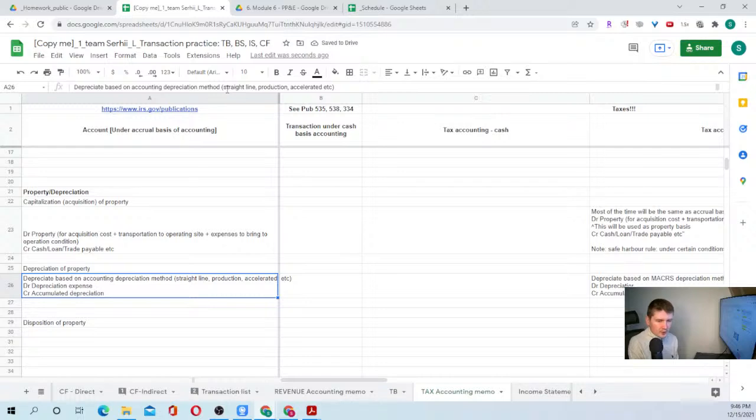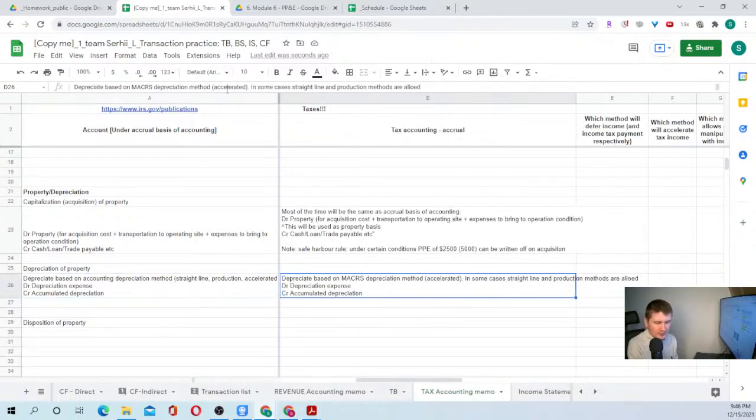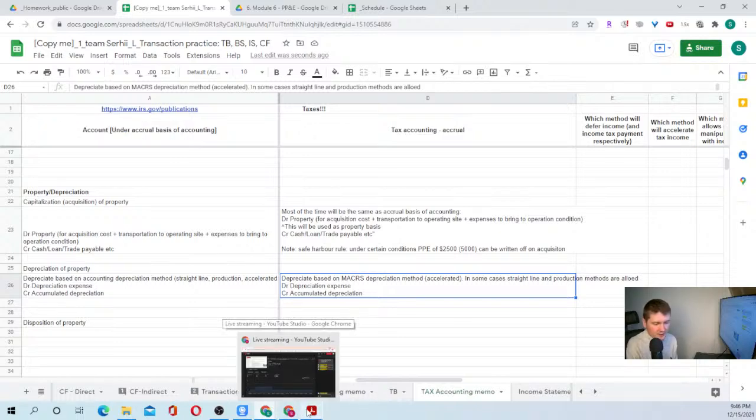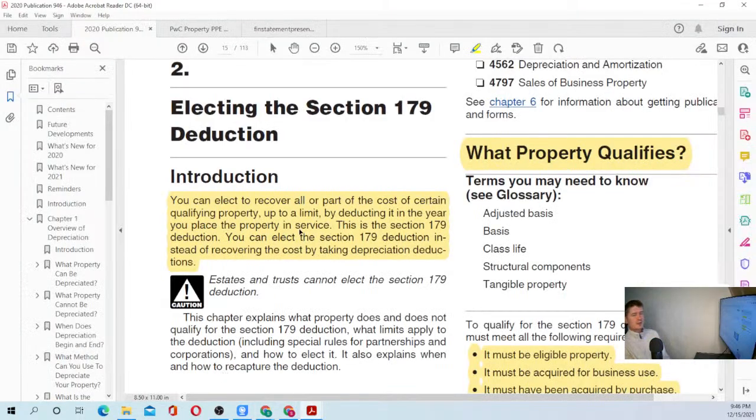So we use basically different methods of depreciation for accounting and for taxes. And tax methods will usually result in accelerated depreciation. So you will recognize more expenses earlier compared to your accounting, and you will pay less taxes due to that. So that's done to motivate you to invest in fixed assets, to make investments for your business.